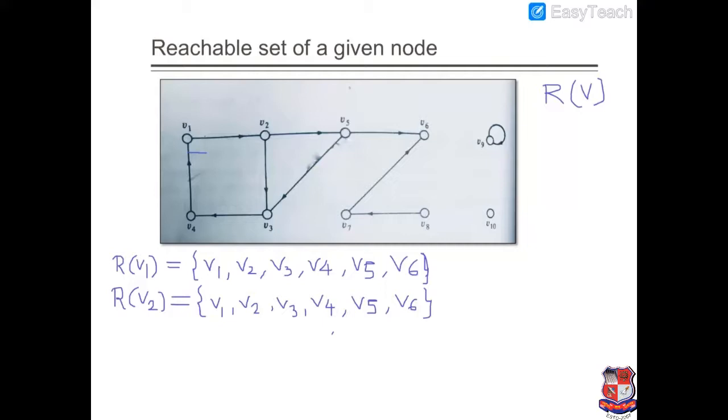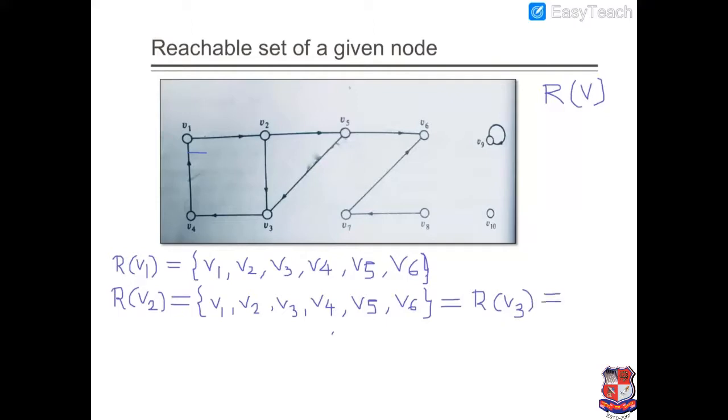Again, the reachable set of V3. Here V3 is reachable to V4. It is also reachable to V1, V2, V5, V6. Therefore, the reachable set of V3 is again V1, V2, V3, V4, V5 and V6.